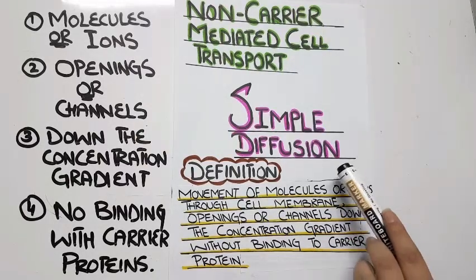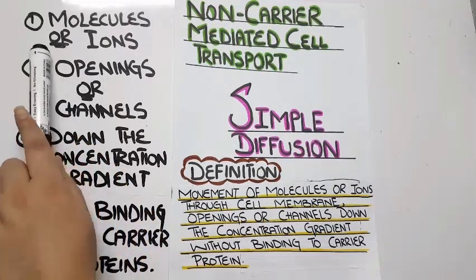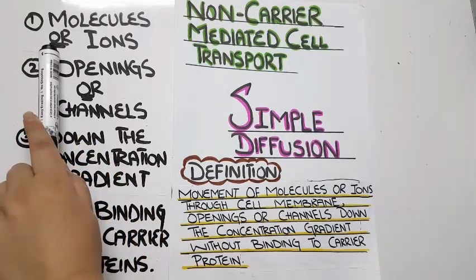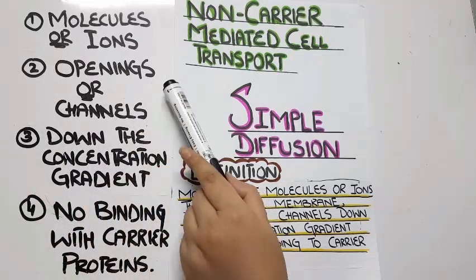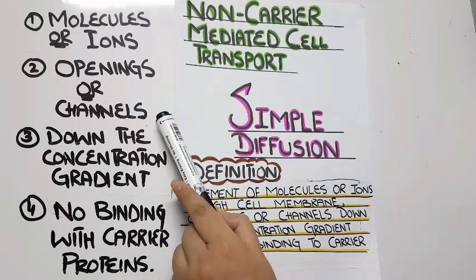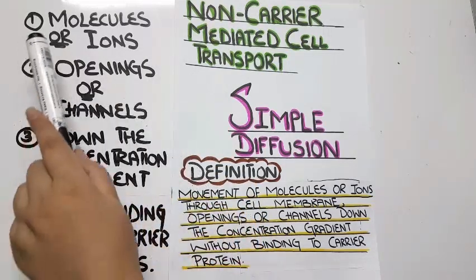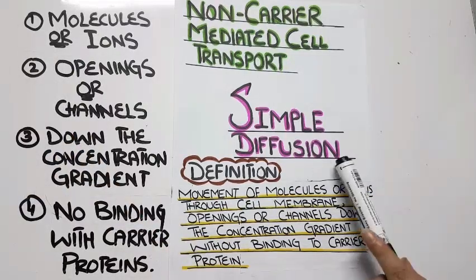characteristics of simple diffusion. Number one is that it involves the movement of molecules or ions through the membrane. Second, these openings or channels are the pathways followed by these molecules or ions in order to be transported through simple diffusion.